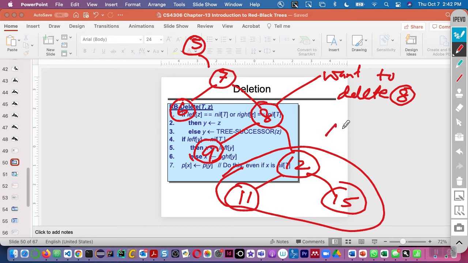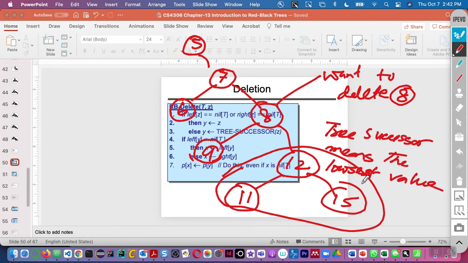Tree successor means the lowest value from the right subtree. What is the lowest value from the right subtree?